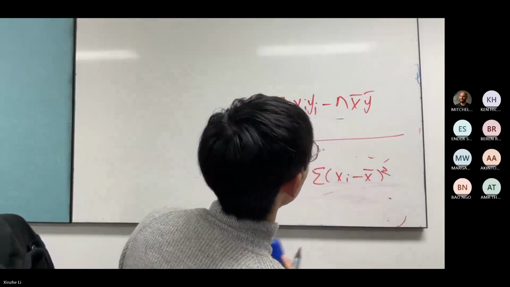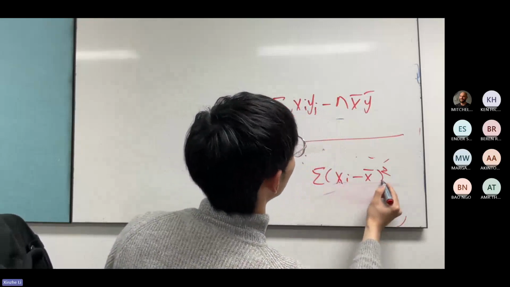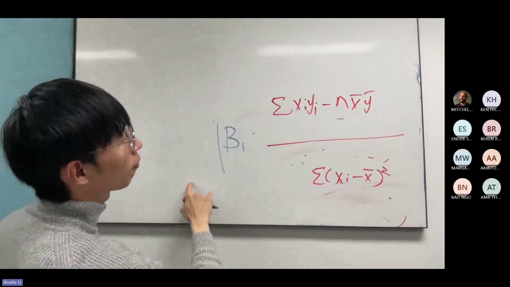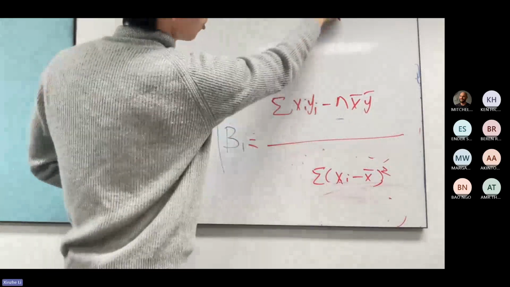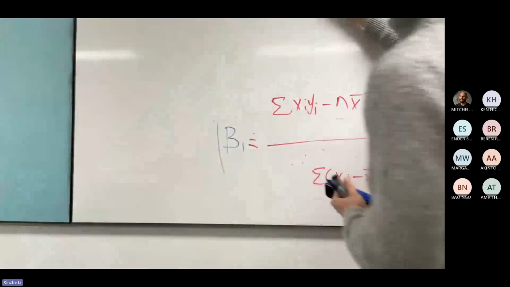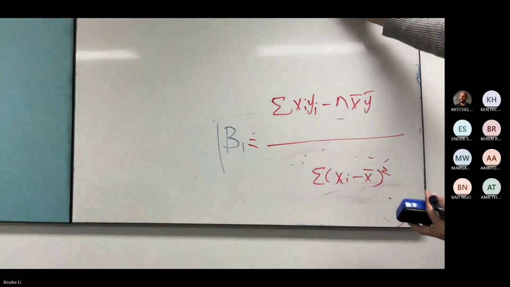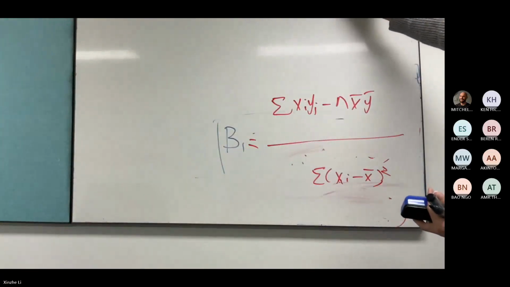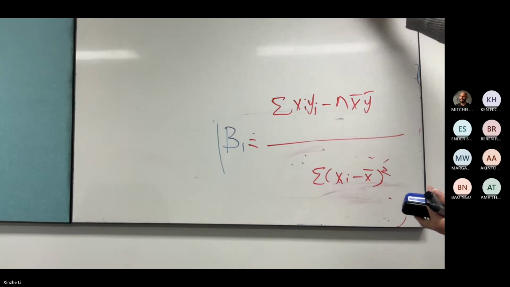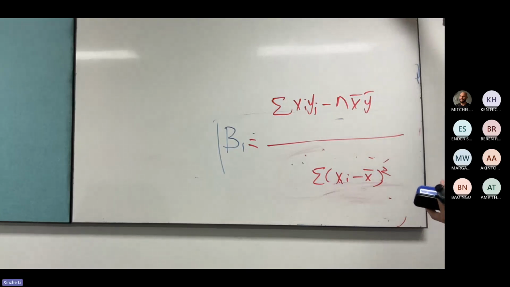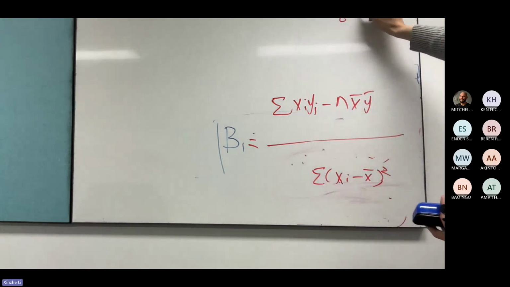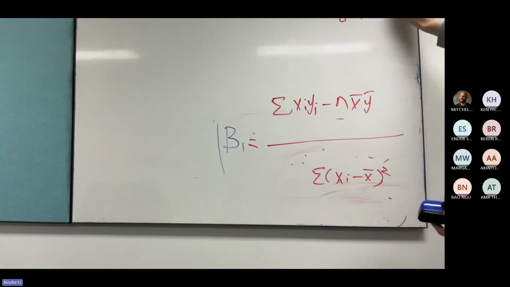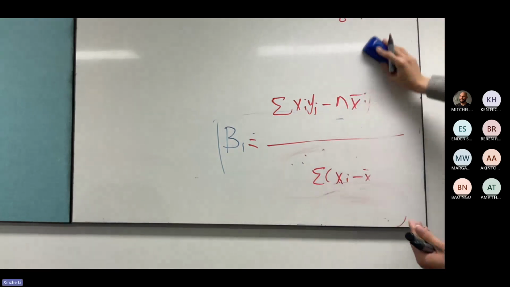Okay, now this becomes more beautiful. This is our final outcome of beta 1. Let me change this one to this one. Summation xi yi minus n x bar y bar. And here is xi minus x bar square. Okay, done.